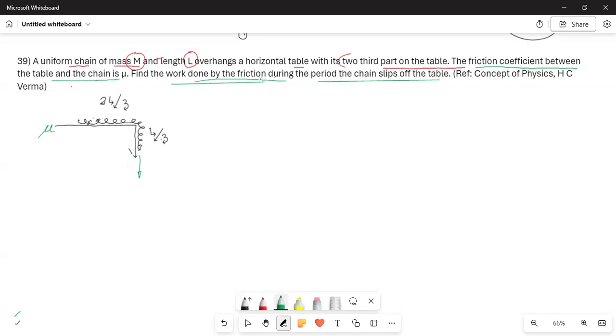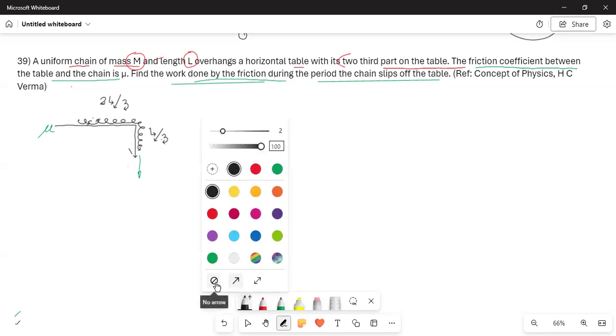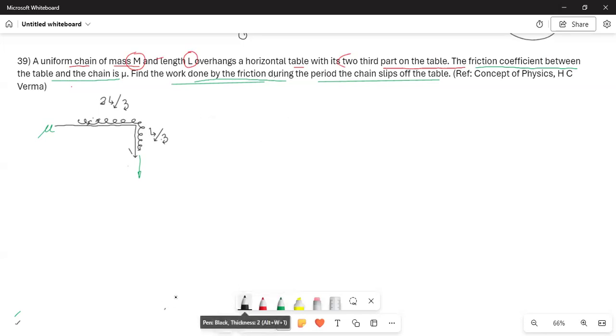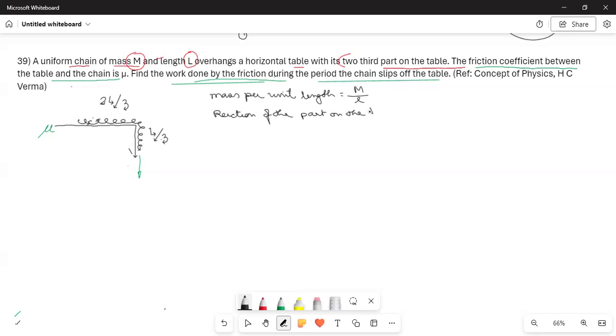Now, find out once again, like in the earlier problem, the mass per unit length, M by L. In that case, what is the reaction of the part on the table for unit length?